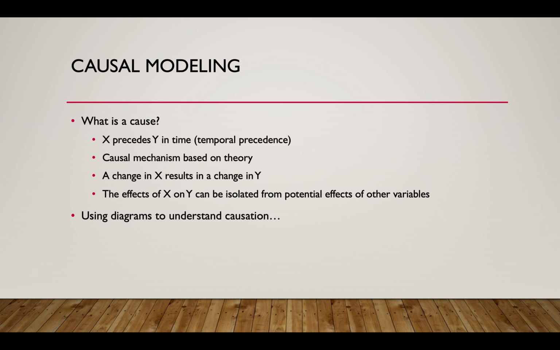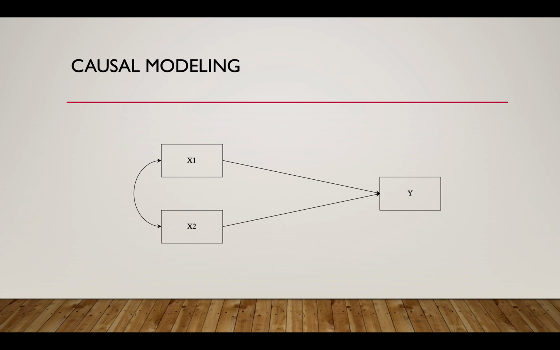For all of these, we use a causal diagram to understand and explain them. So this is the basic causal diagram for two variables, x1, x2, and y. In this case, what I want you to think about, and we're going to talk about this in just a second, is that we have here a correlation.